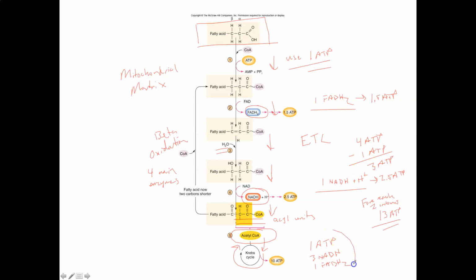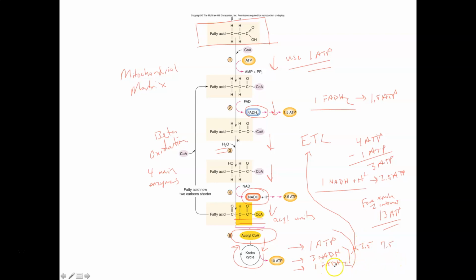We also have that acyl unit entering the Krebs cycle. So we generate an ATP, plus we get 3 NADHs and 1 FADH2, and those are going to run through the electron transport chain as well. So 3 NADHs, that's 3 times 2.5, which is 7.5 ATP.